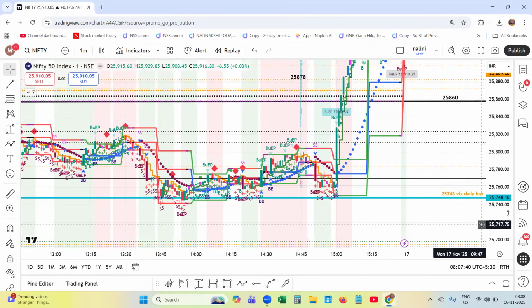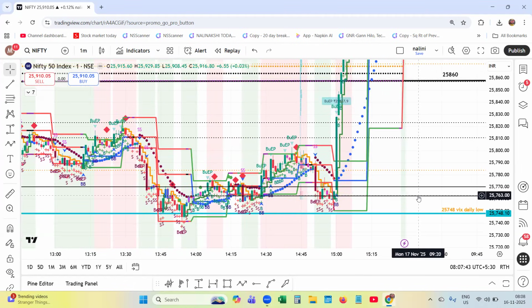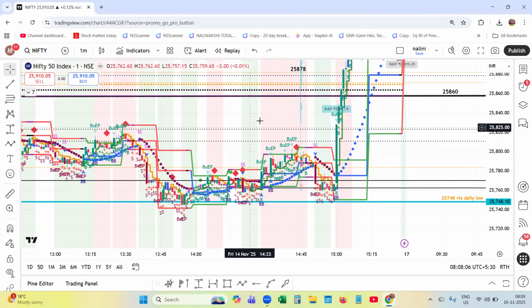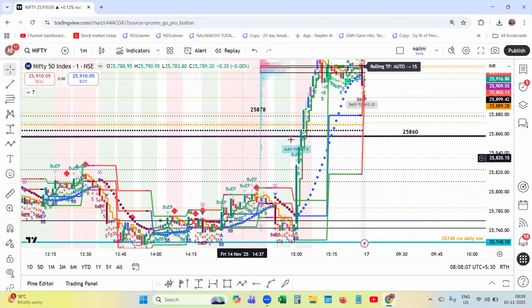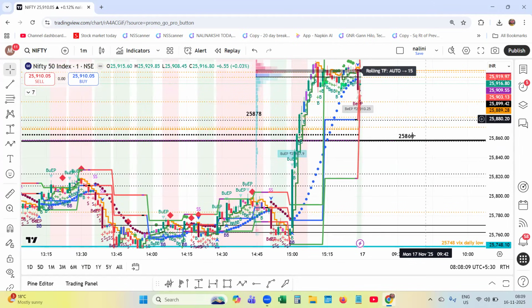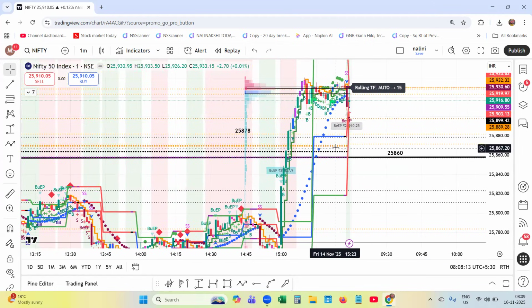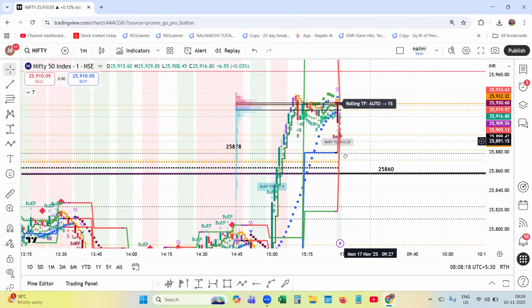You can see a cluster of EPs. These are the PE writers. When the market tried to climb above this PE, and this was the intraday CE level, the market moved so violently, crossing all these put writers and everybody, and it went through these intraday EP call writers' levels.